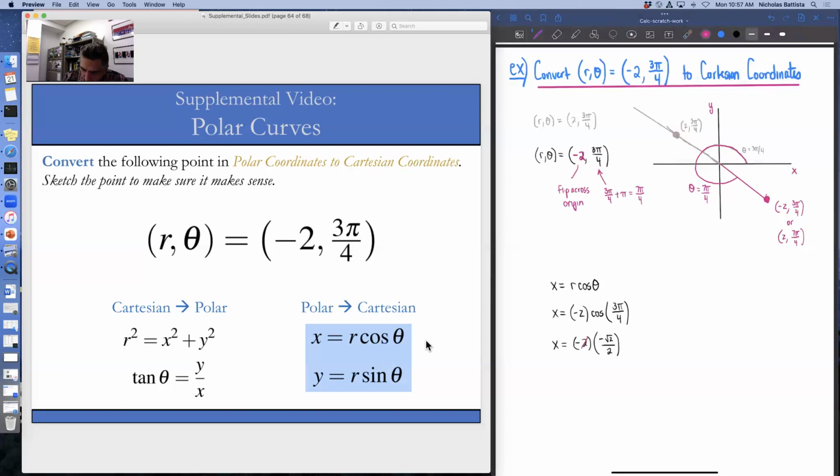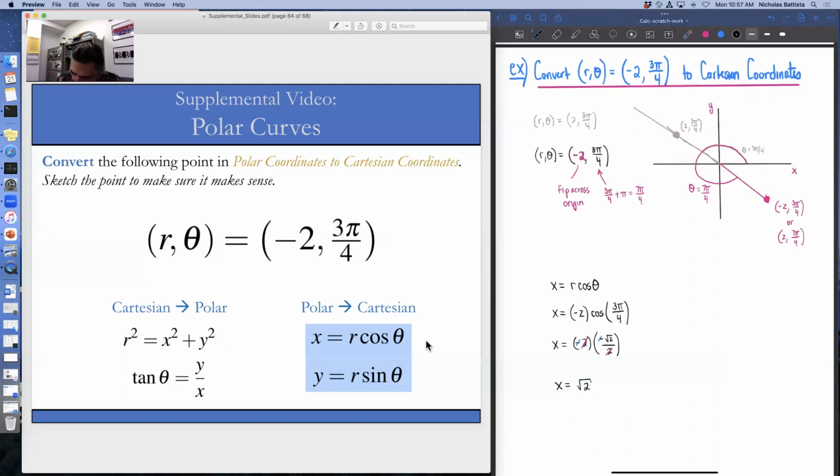The 2's will cancel, and since we're multiplying a negative number by a negative number, the negatives will go away. So we find the x value is equal to positive square root of 2. That makes sense because for the point that we really care about, we are on the positive x-axis side of things. So the x value is positive here.